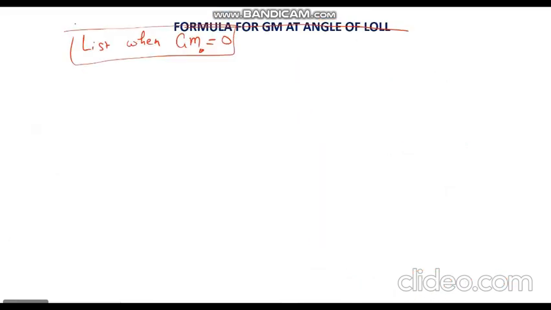This formula we are talking about, guys, is for list when the initial metacentric height is 0. Now you'll say, why are we talking about it? Because the formula of list that you have been using all this while is tan theta equal to GG1 transverse upon GM initial.